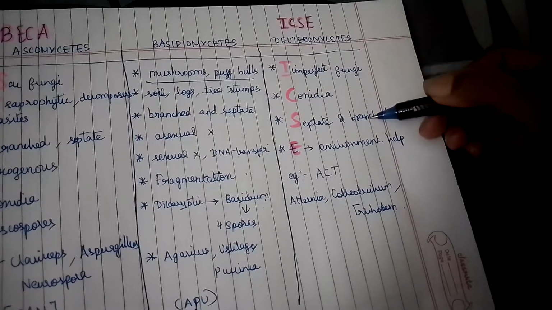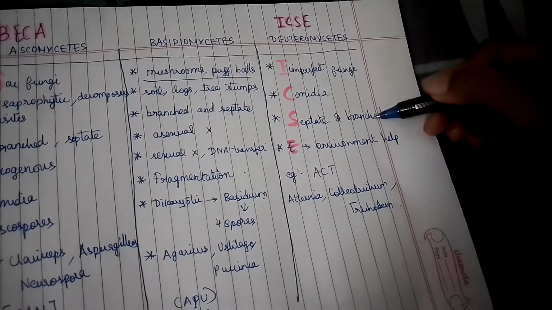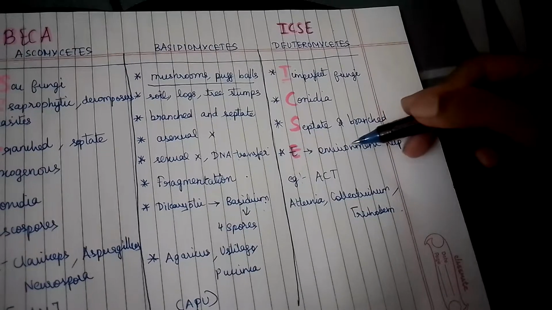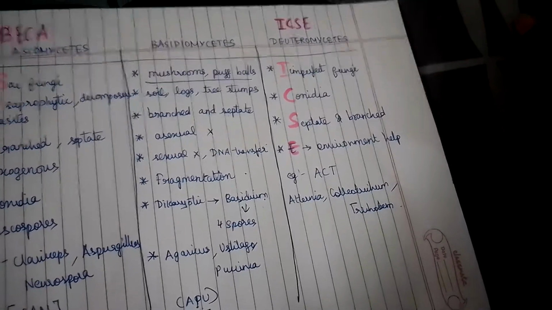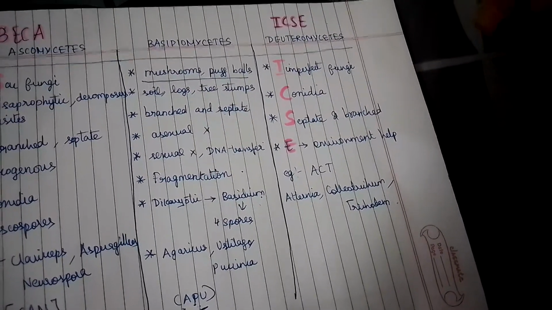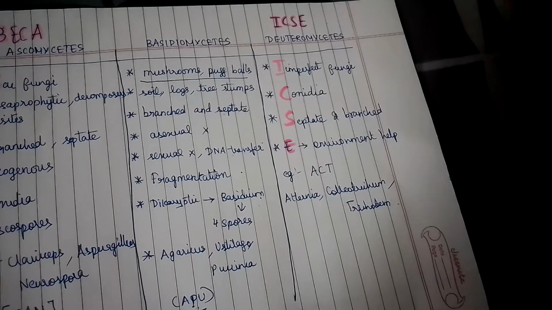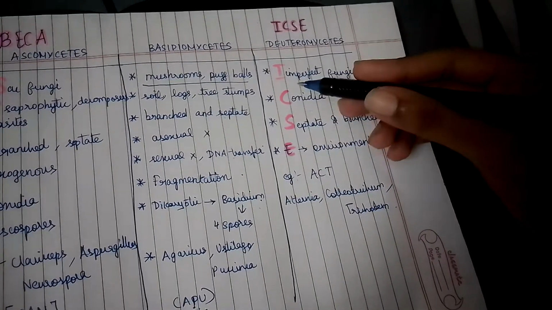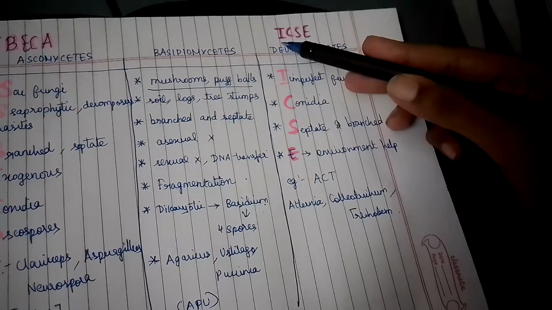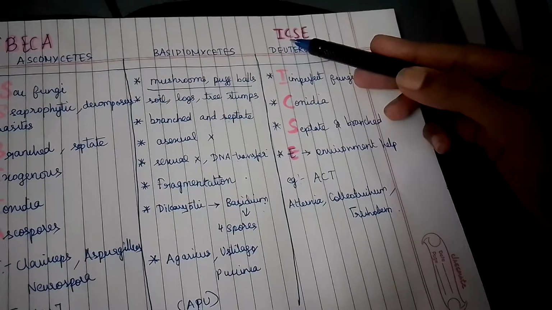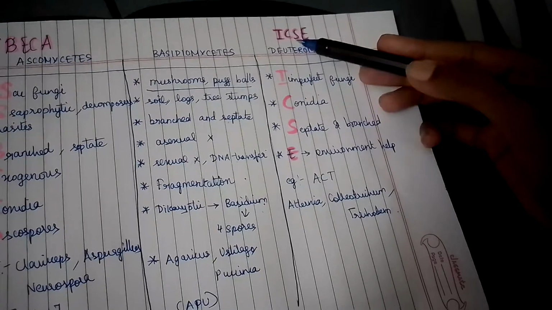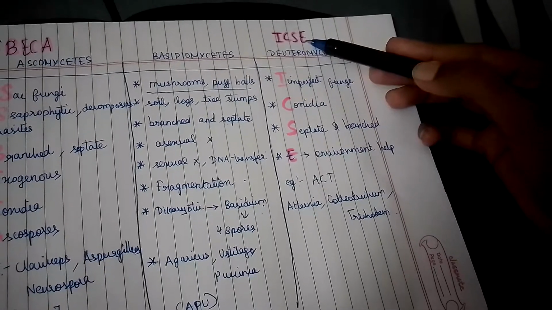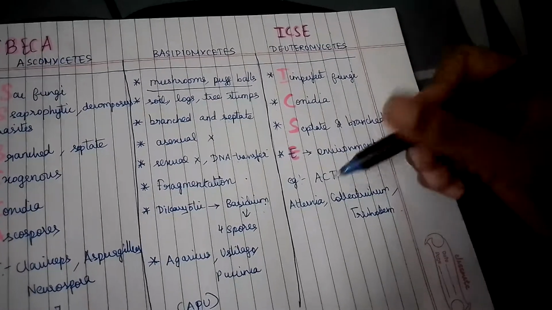The mycelium is septate and branched. And they help our environment in many ways, like decomposing litter and mineral cycling, so that is why I have taken E here. ICSC: I for imperfect fungi, C for conidia, S for septate and branched, E because they help our environment.